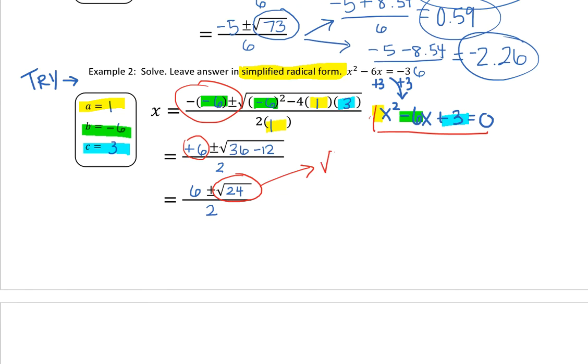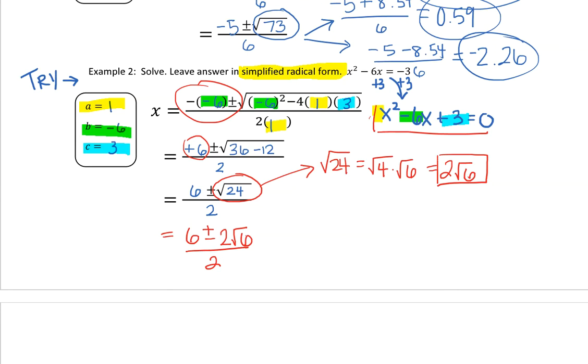Indeed it can, because 24 is 4 times 6, and the square root of 4 is 2. So this is how we want to write the square root of 24. So this is going to become 6 plus or minus 2 square root of 6, all over 2.